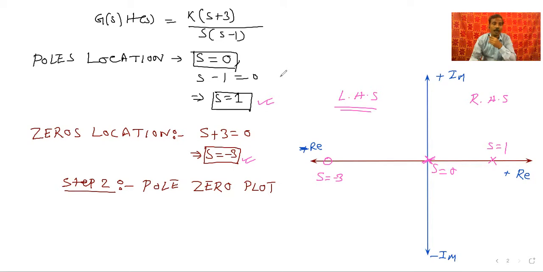But in this problem, one pole is at position s equals to 1, so this is the right hand side.